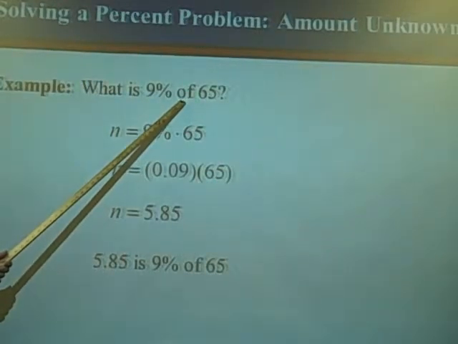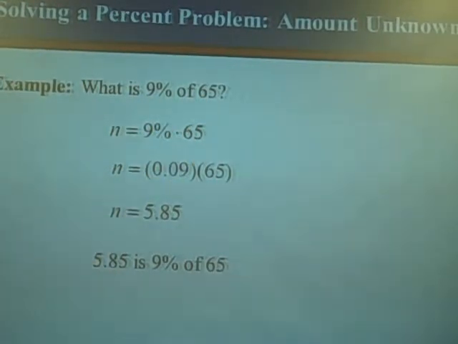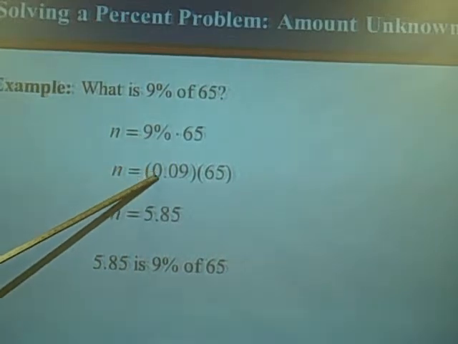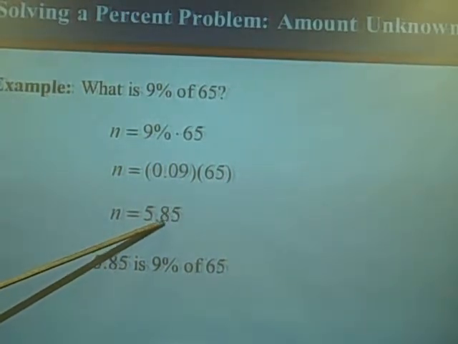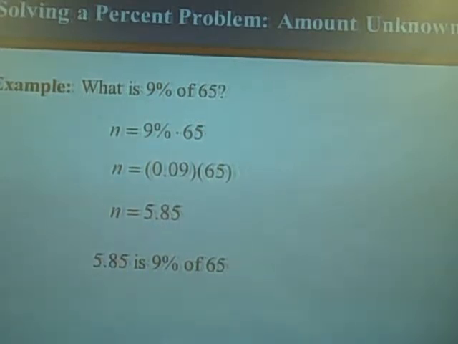"Of" would be like times 65. So you would make that 9% times 65, and you get an amount of 5.85. So 5.85 is 9% of 65. All right? Questions with that?